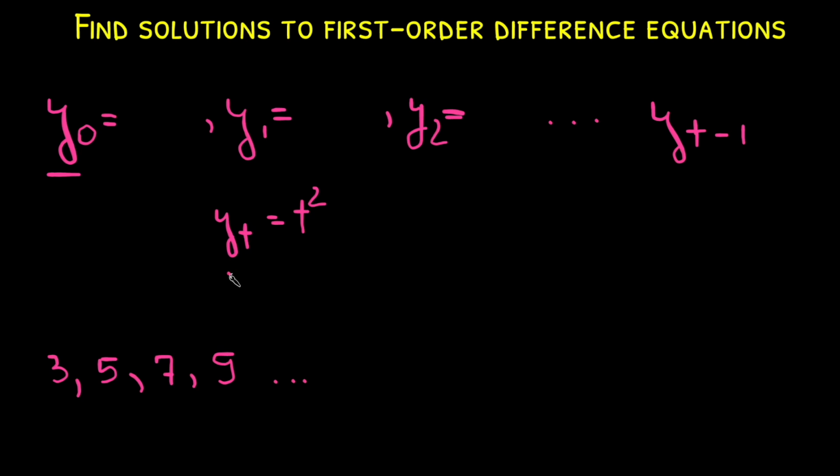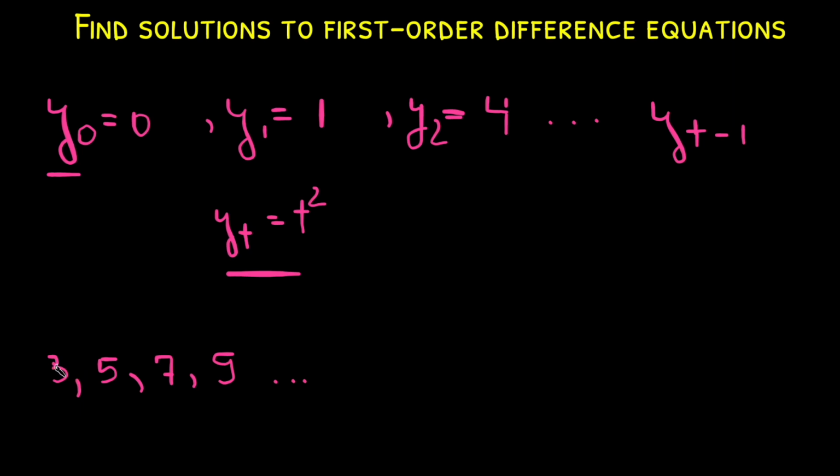Often a sequence is defined by a formula. For instance, the formula yt equals t squared generates the sequence in which y0 is going to be 0, because the index t is replaced as the variable t and is squared. y1 becomes 1, y2 is 4, and so on up to yt.